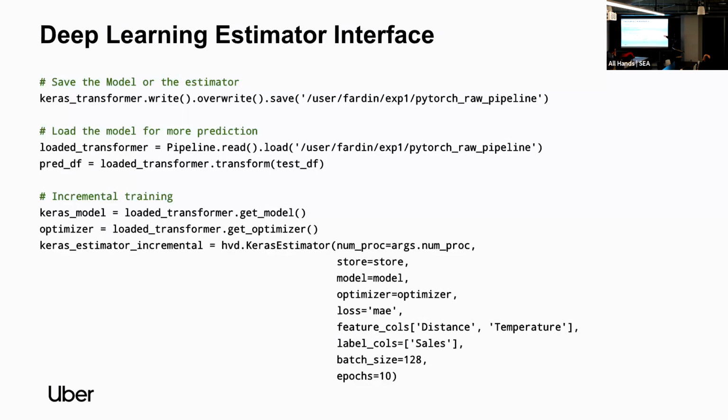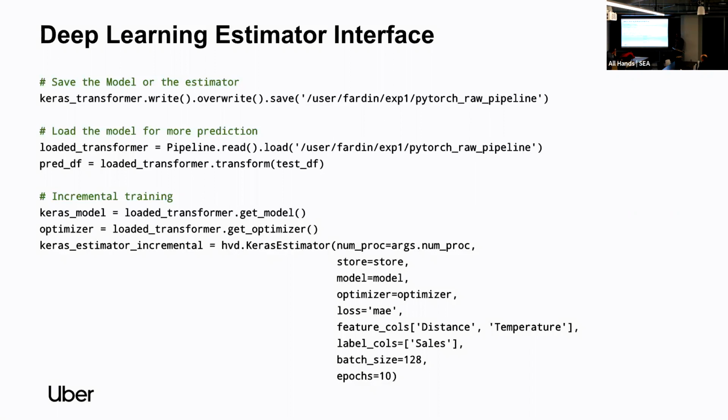And then later on, you can load that and then do more transformation with your loaded transformer. So just notice that this transformer already contains your PyTorch or Keras models. So you can also extract the model itself if you want to. But as long as you're only working within the Spark framework, you don't really have to touch the model directly.